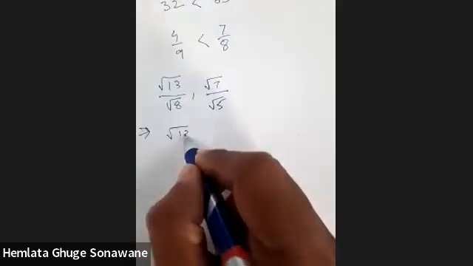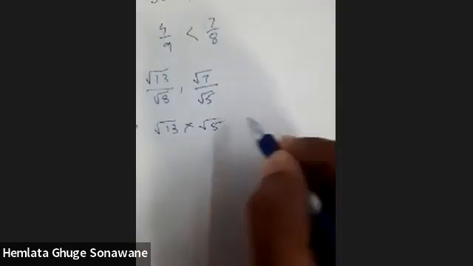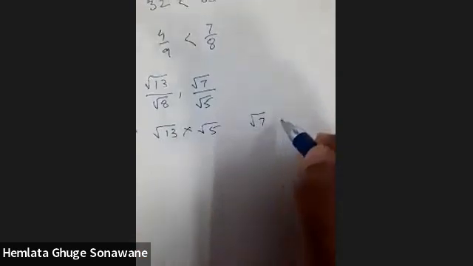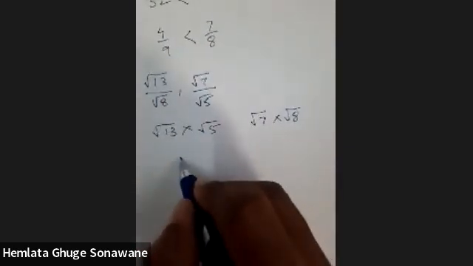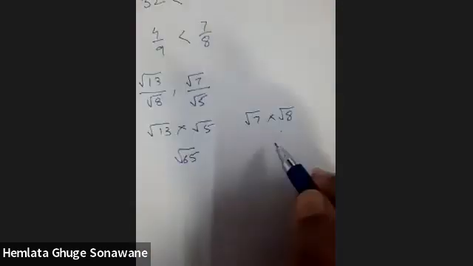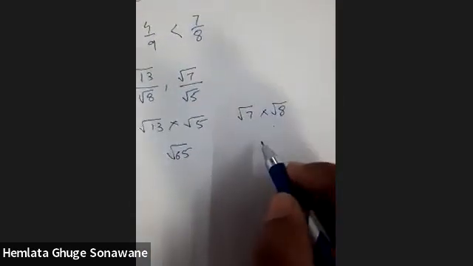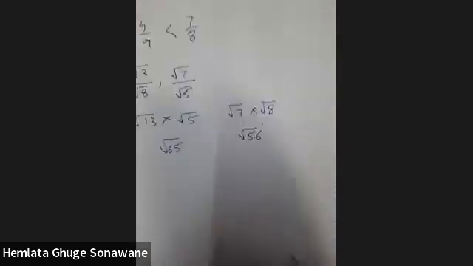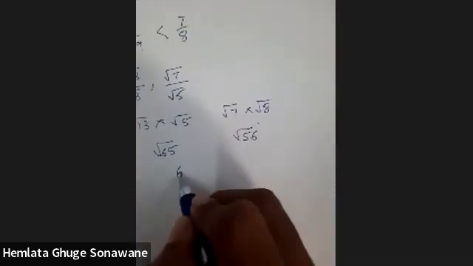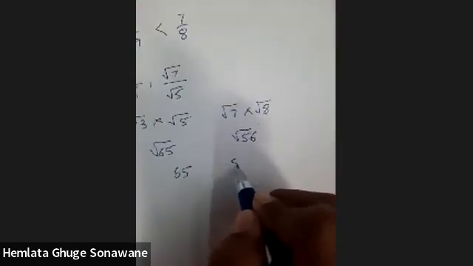Under root 13 into under root 5 and under root 7 into under root 8. Now 13 5s are 65 and 7 8s are 56. Okay, now we'll compare these numbers 65 and 56.